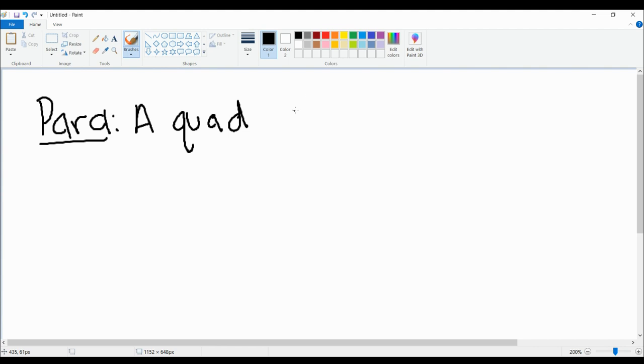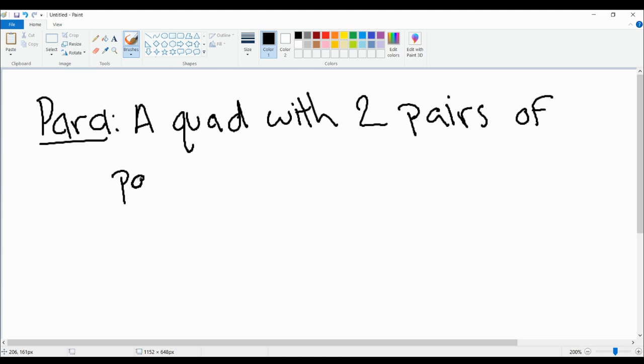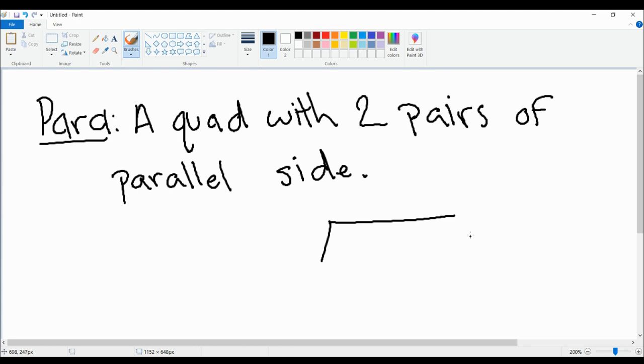A quadrilateral with two pairs of parallel sides. Hence the name parallelogram. So a parallelogram kind of looks like this. It has a parallel side right here and a parallel side right here. So that's what a parallelogram is.